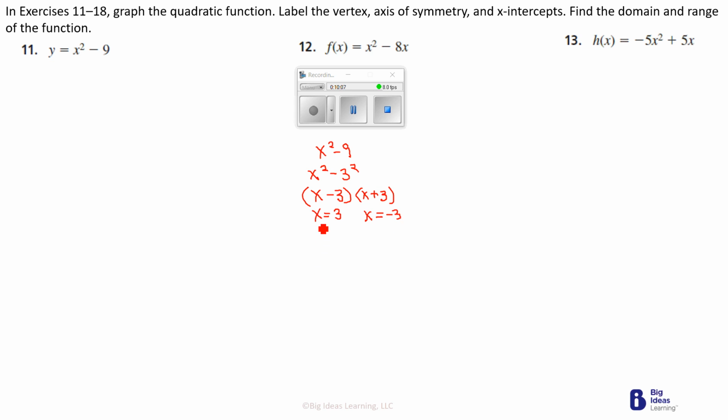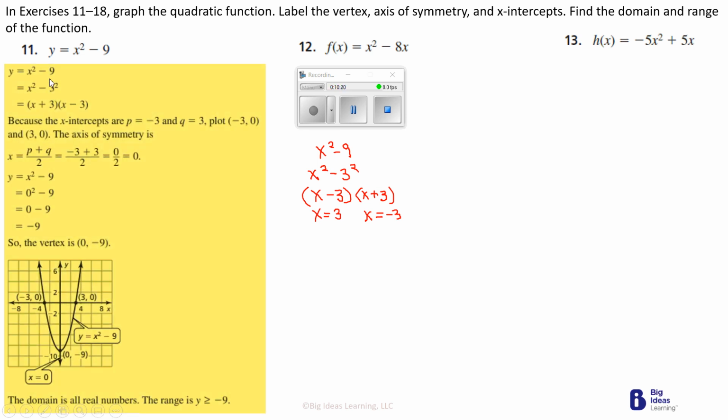Now I can plug this into my formula, right? You see over here, x plus 3, x minus 3. So we know that we've got one going through 3 and one going through negative 3, right? Negative 3 plus 3 is 0. And 0 divided by 2 will give us 0, all right?